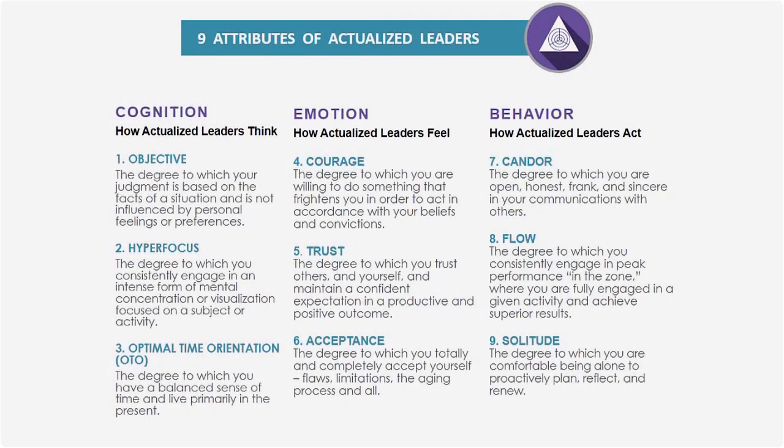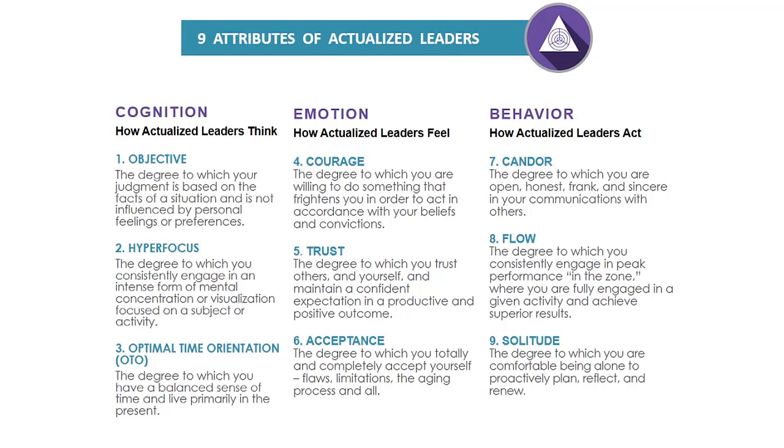The third part of the ALP report is the 9 attributes, understanding your score in the 9 attributes. Here they are defined for you and organized by domain: cognition, emotion, and behavior. The 3 cognitive elements of an actualized leader are thinking objectively, thinking with a hyper focus, and being mindful in the moment, which is what I call optimal time orientation, or OTO.